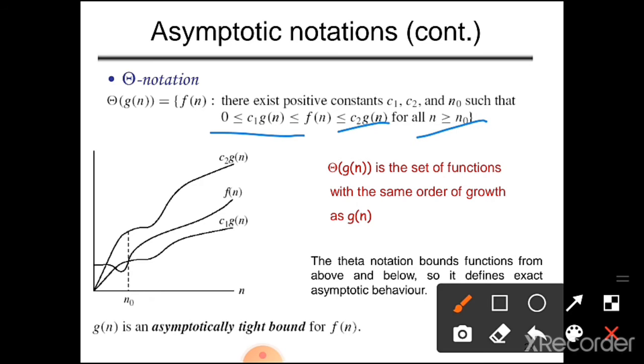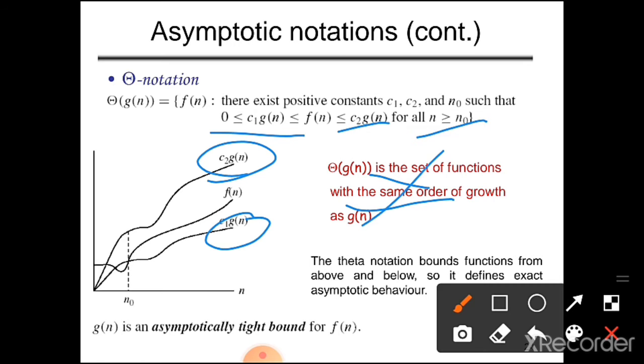Here theta of g of n is a set of functions with the same growth. The theta function is a sandwich: f of n is sandwiched between c1 g of n and c2 g of n.